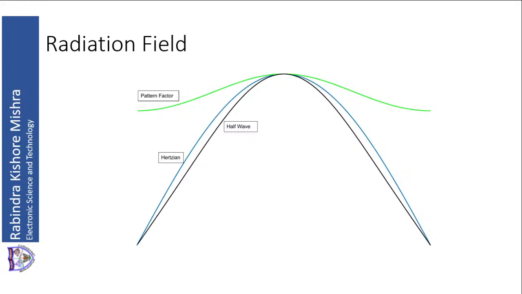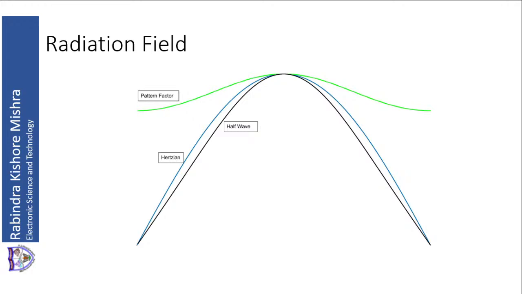So if it is large enough electrically, then the radiation contribution from the current elements along the dipole will have significant phase variation in the far field as a function of angle around the antenna. Why will this happen?